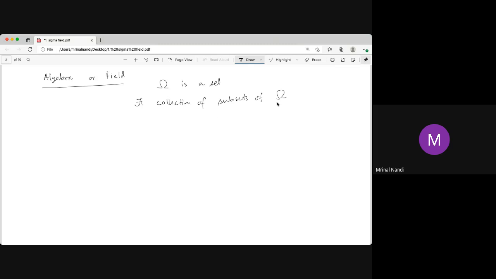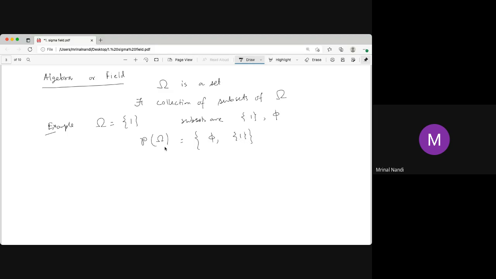So what is a collection of subsets? For example, say omega is a set containing just 1. Then what are the subsets? The subsets are omega itself and phi. And the power set of omega is a set containing phi and omega, two elements.